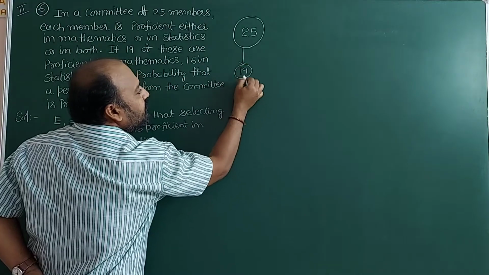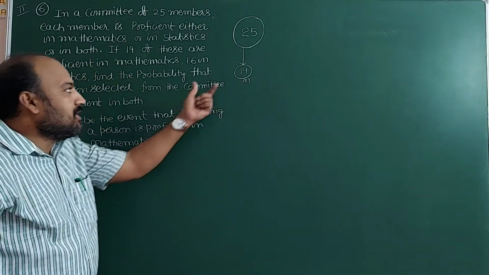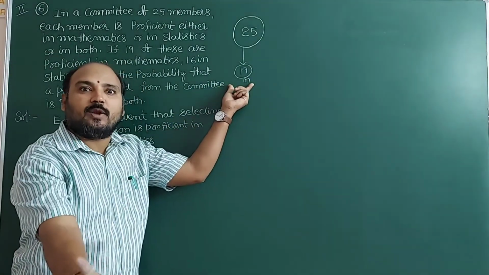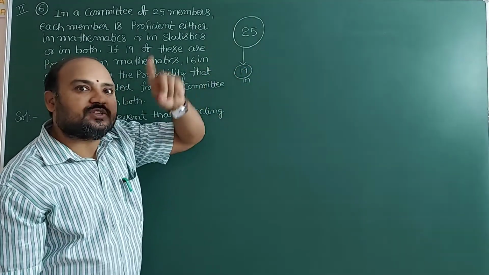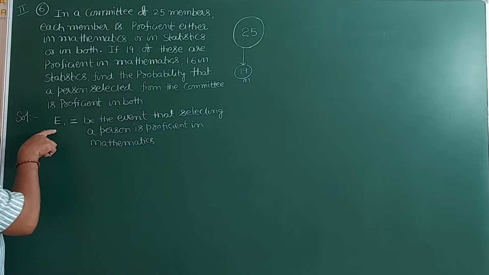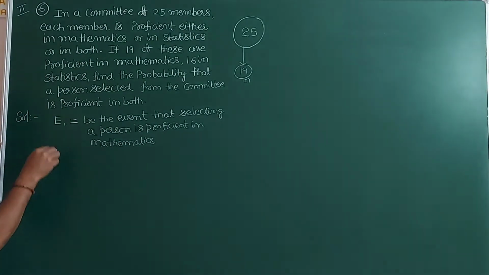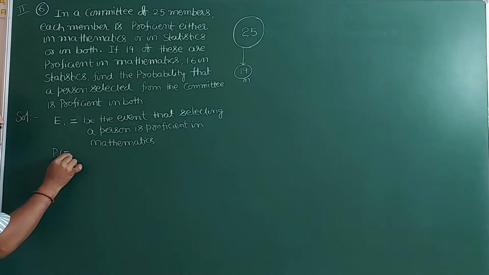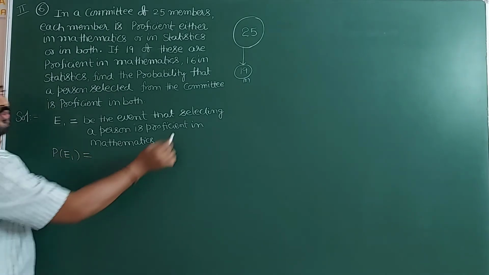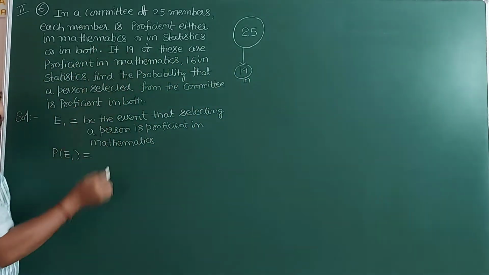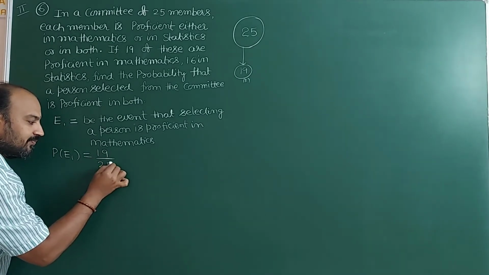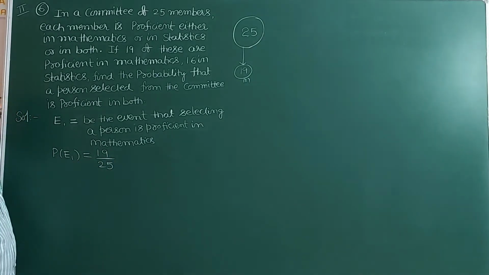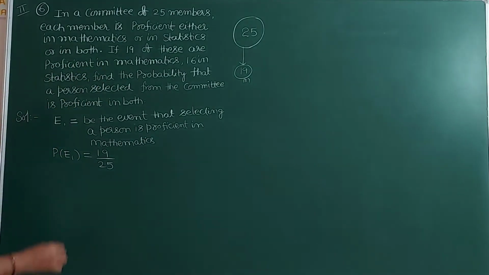So from 19 you have to select one person, and from 25 also select one person. The probability of E1 we are going to get this way. P of E1 is equal to 19C1 by 25C1. Directly I am writing now, anyway, 19 by 25.